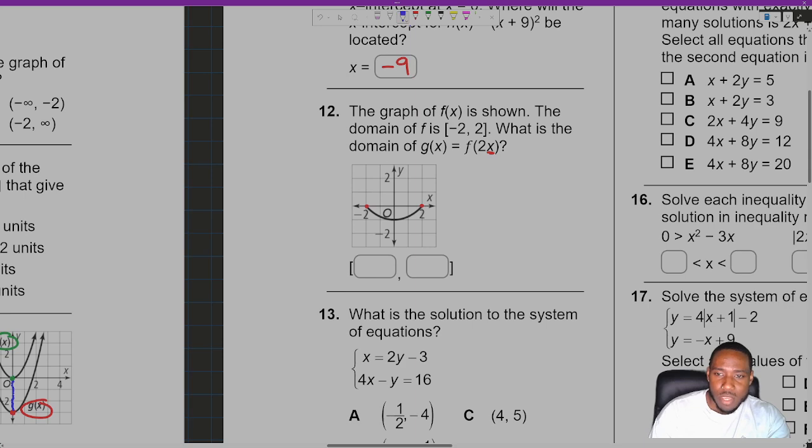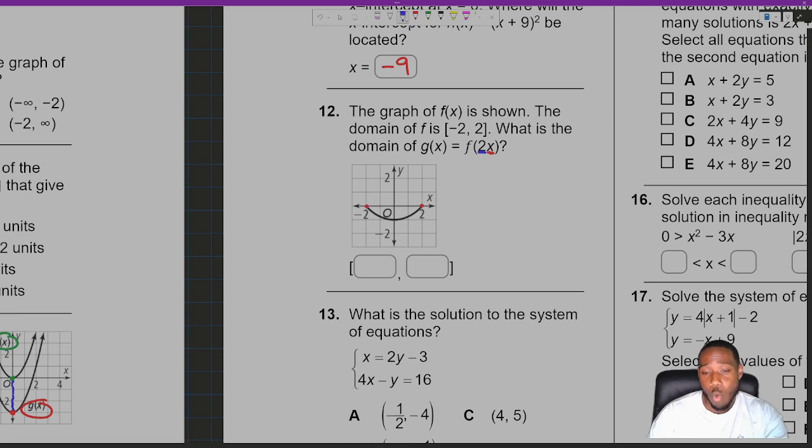Okay? So what's happening there is we have this kind of horizontal compression happening. Because whatever x value we're plugging in, that number is being taken and it's getting jacked up by a factor of 2. And so what that means is, as we progress outwards from our vertex, the function is going to travel more quickly than it otherwise would, because the x value that we're plugging in is getting multiplied by 2, right?